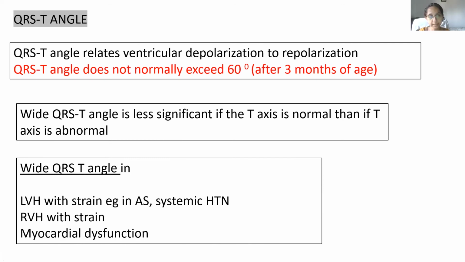If it is more than 60 degrees, it could be related to a strain with ventricular hypertrophy. For example, if I have severe aortic stenosis with left ventricular hypertrophy, it can be without strain. That means the T wave axis and the QRS axis are in the same direction. Or with strain, when my T wave axis and the QRS axis are significantly different.